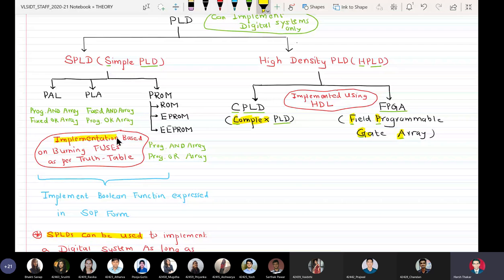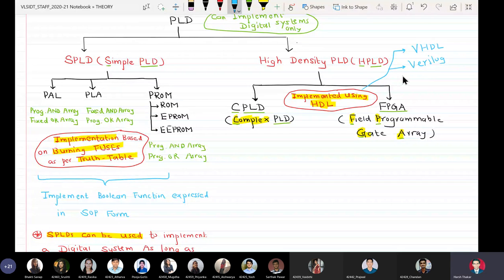Okay, so implementation is based on burning fuses as per truth table, and it is implemented using hardware description language, which can be VHDL, or it can be Verilog. Okay, any of these, fine. There is System Verilog, but then it is used more for system verification and not for prototyping.